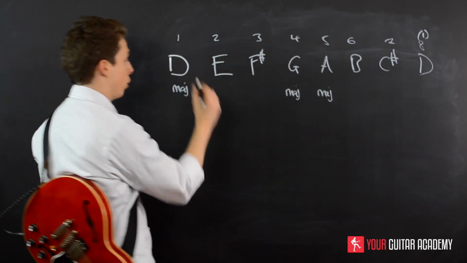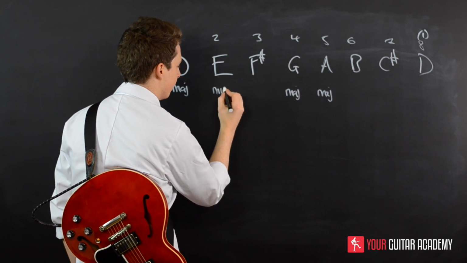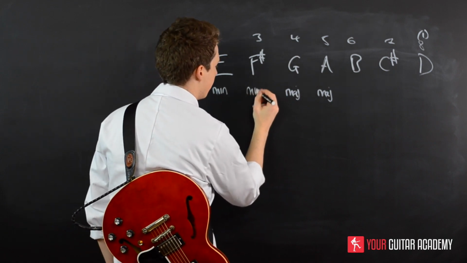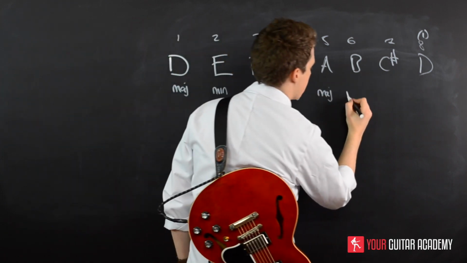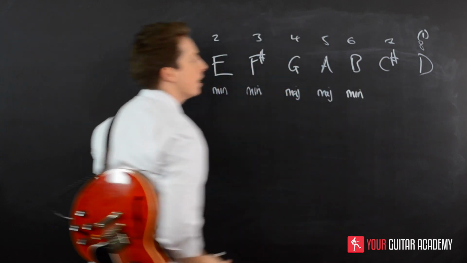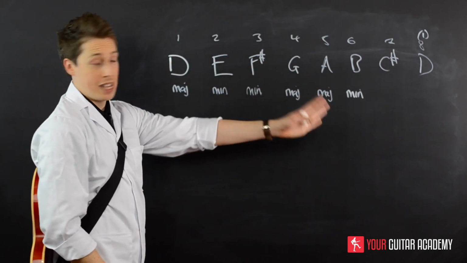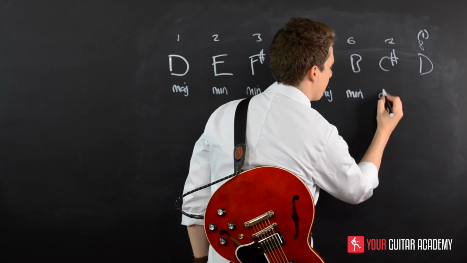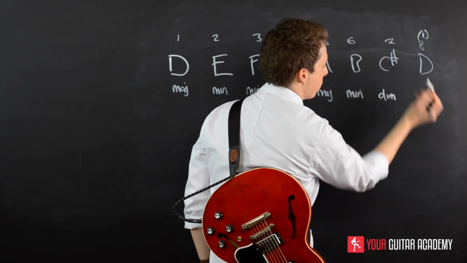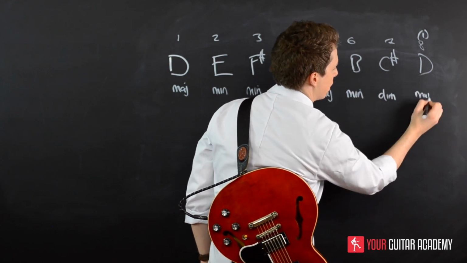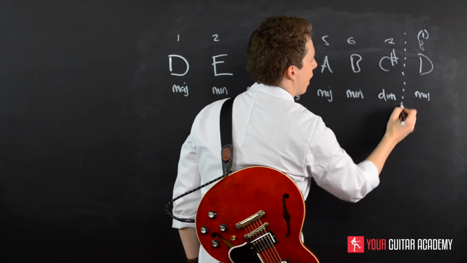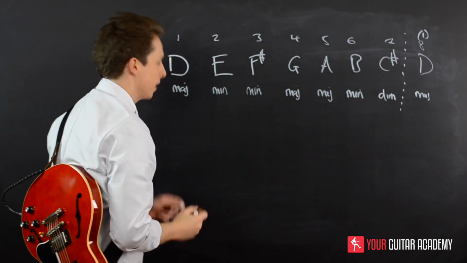The 2 is always minor, the 3 is minor, the 6 is minor. The 7 is our diminished, and of course the 8, which is the 1, is the major. We'll put a little dotted line after that because it starts all over again.